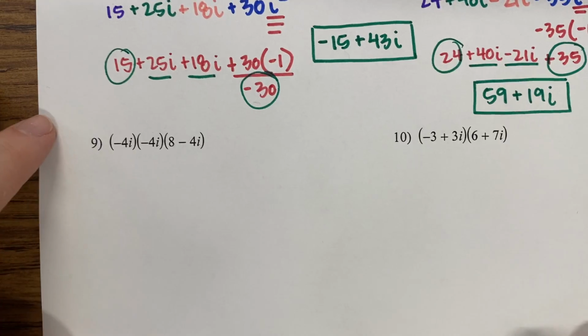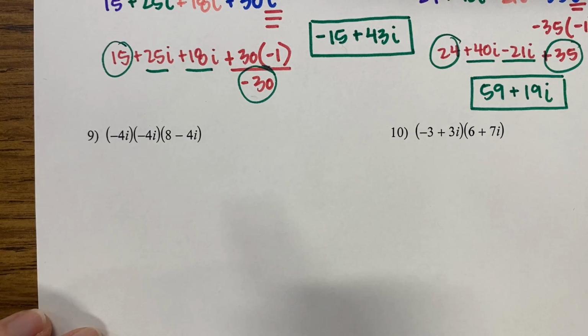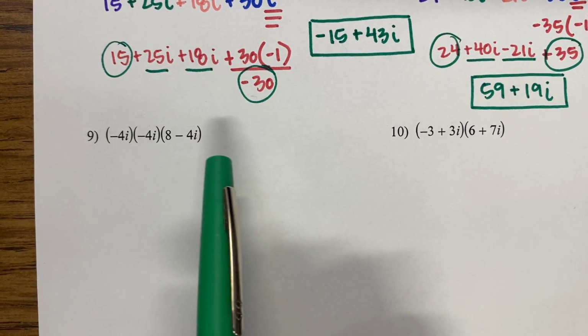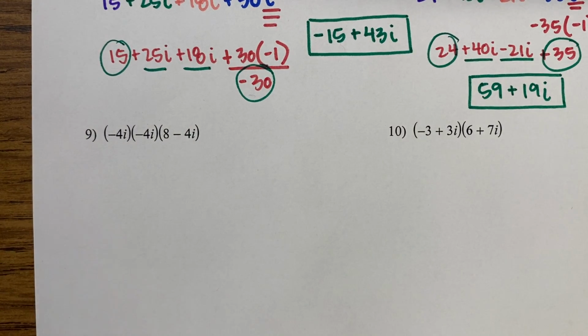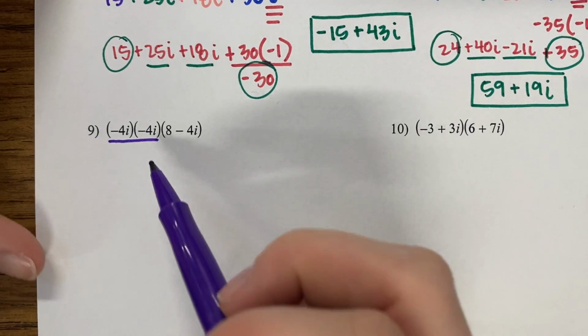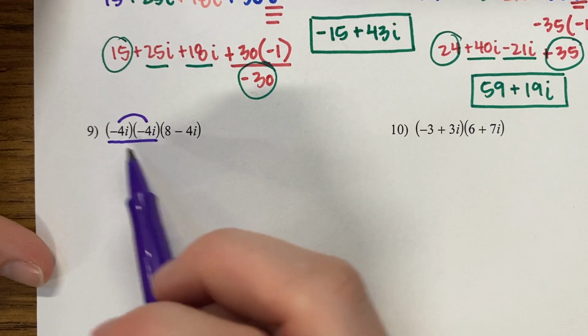Okay, number 9. It looks a little different, but we're still multiplying. They're all right next to each other. So I'm not going to use FOIL or the box method because technically we have 3 pieces that are being multiplied. With multiplication, it doesn't matter which order you go in. So I'm going to multiply just these 2 terms first. I have -4i times -4i.